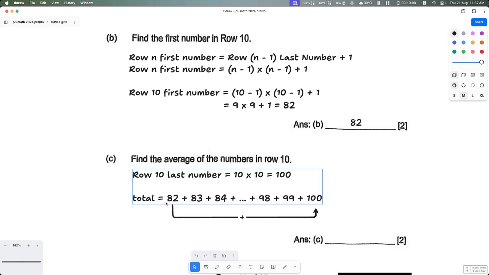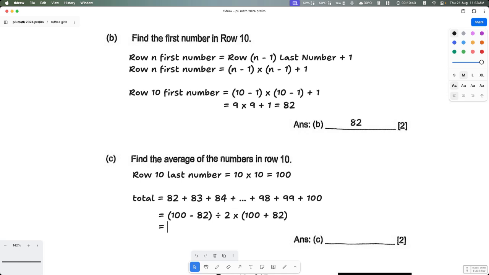So in essence, for 82 plus 83 and so on, how do we do that? It is equal to, in this case, 100 minus 82, divided by 2, and then times 100 plus 82.